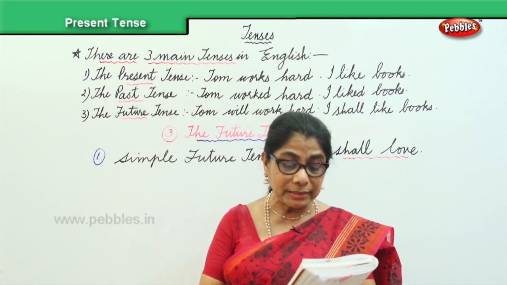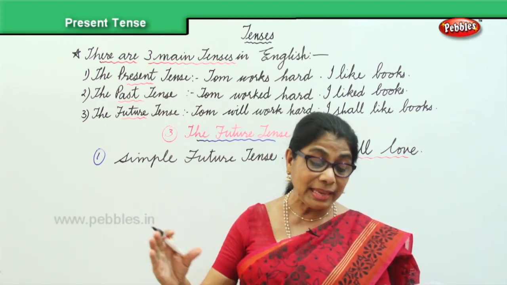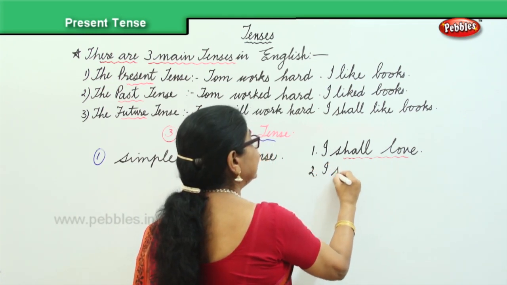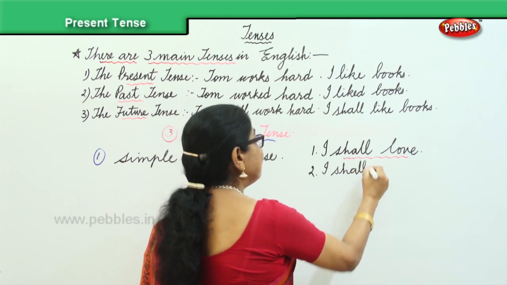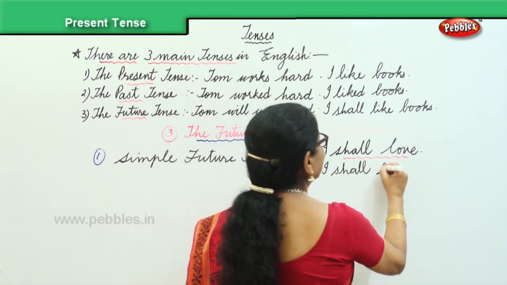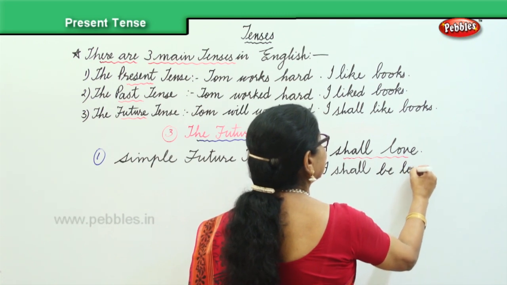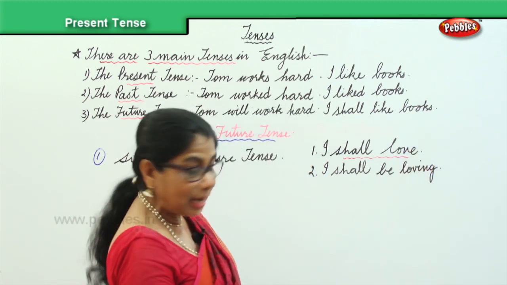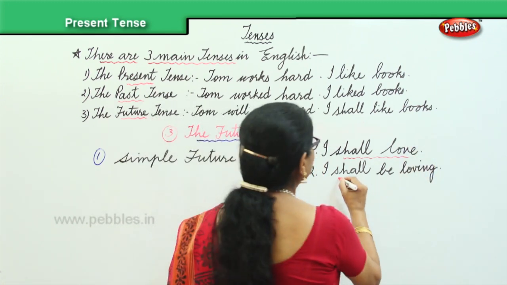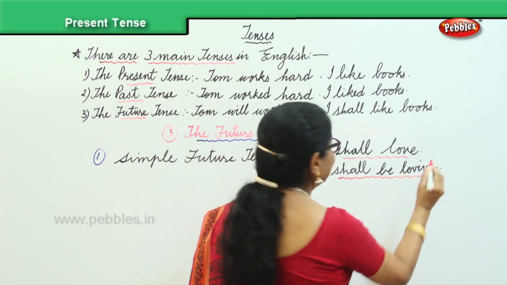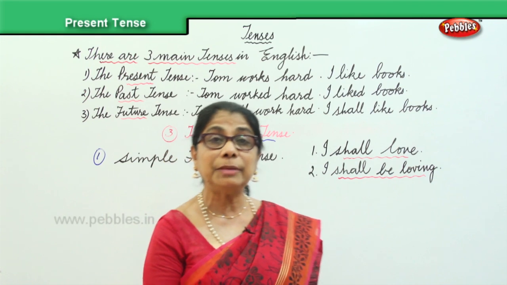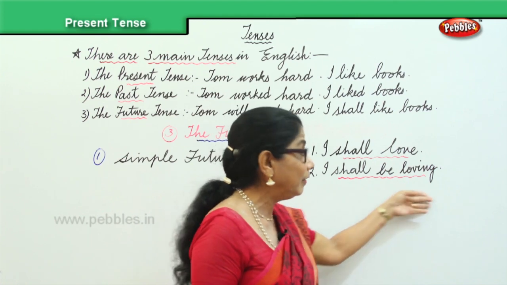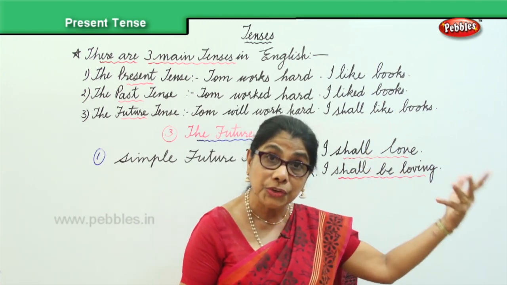And the second we have is I shall be loving. The second type, the second form is I shall be loving. Look at the verb shall be loving. This verb shall be loving is in the future. Shall be loving. Future continuous tense.